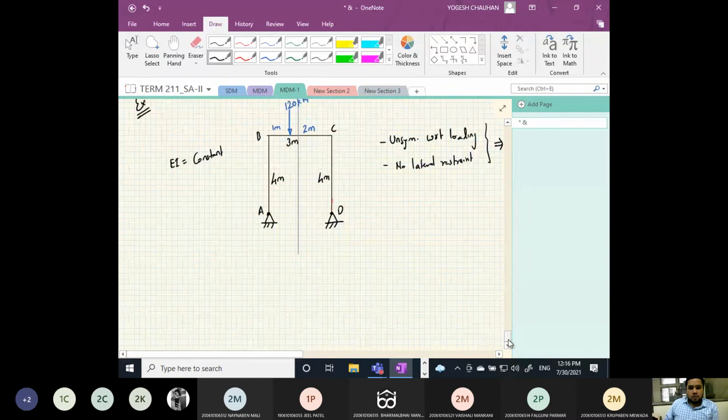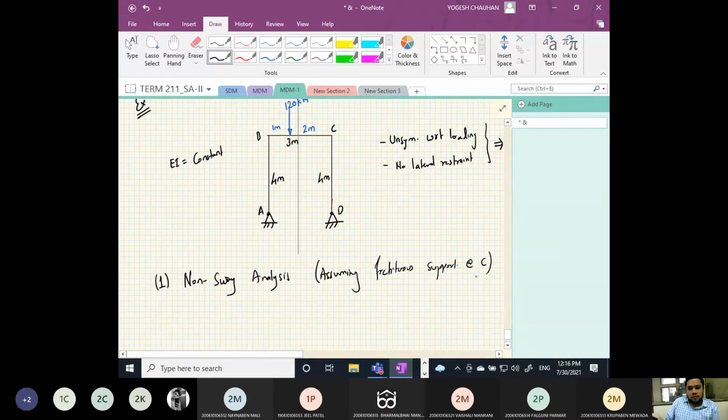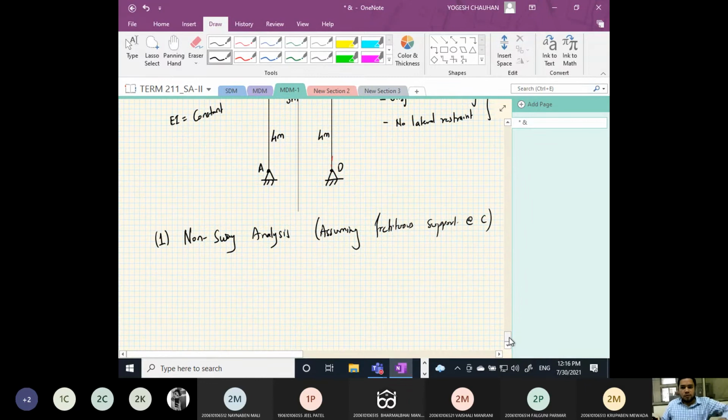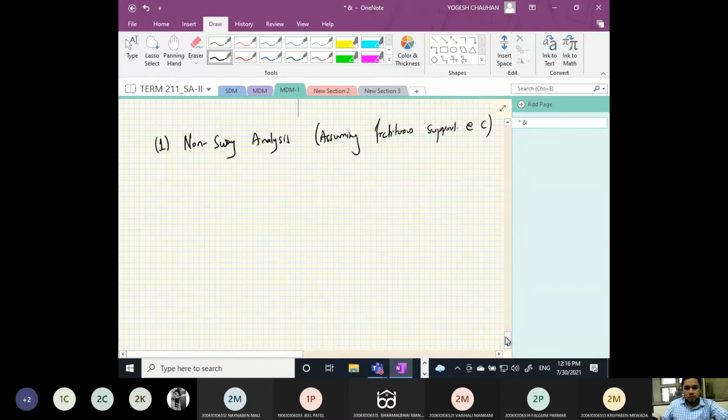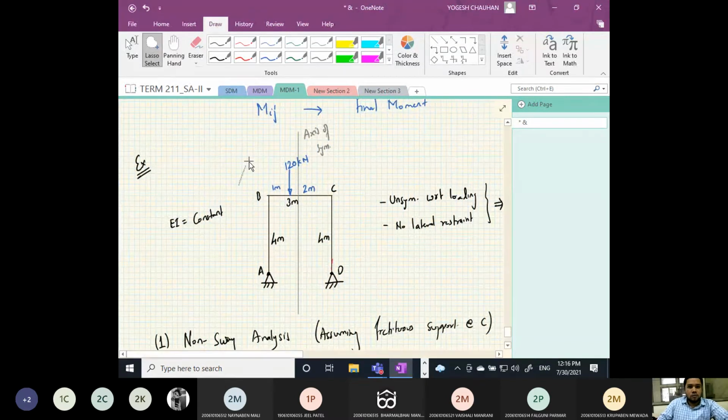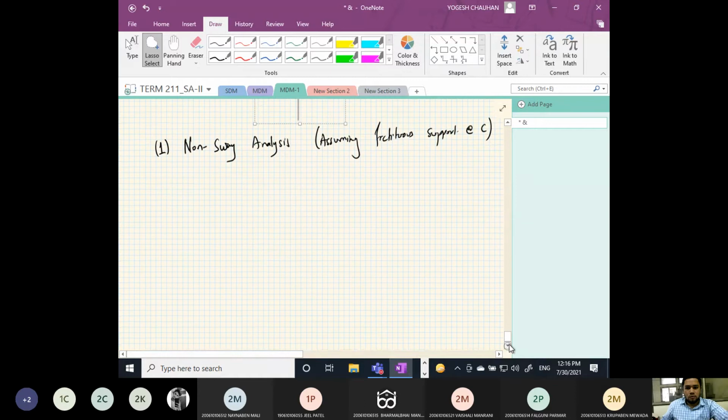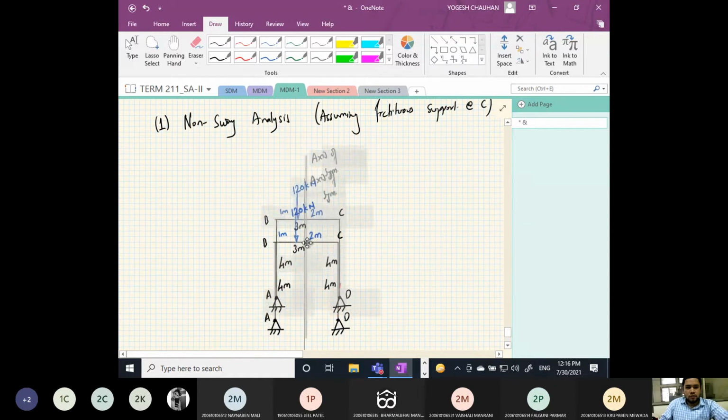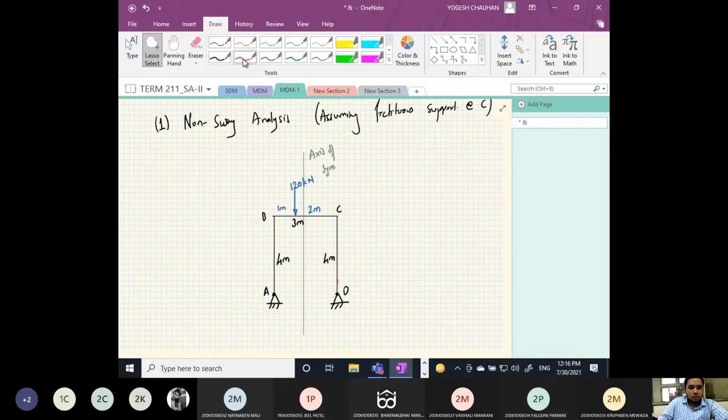So first you have to carry out the non-sway analysis, sorry, assuming fictitious support at C, to analyze this frame assuming a fictitious support here.